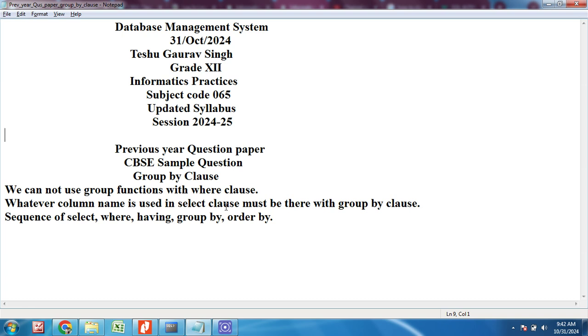Students who are preparing for multinational company placements can also refer to this, and this question can be asked in interviews for multinational companies like Infosys and TCS. So this is very useful for students as well as professionals.